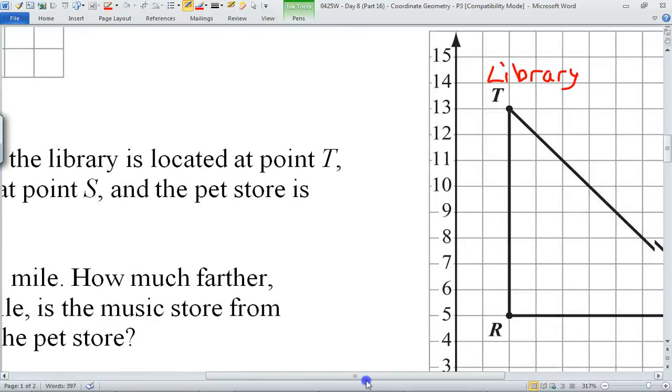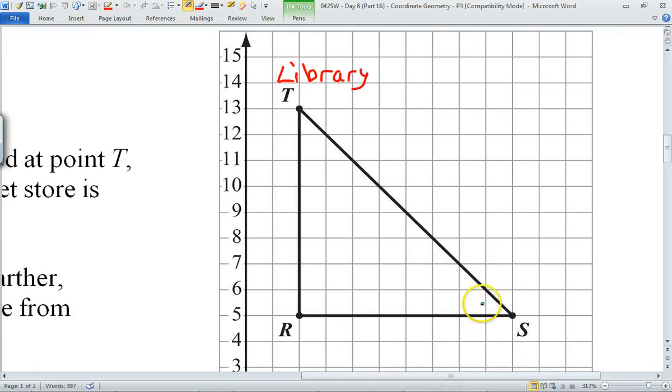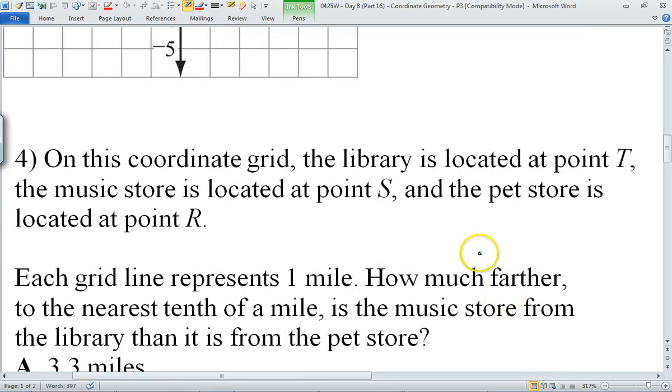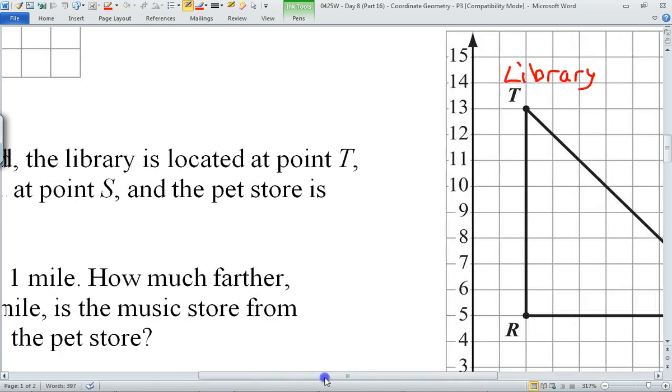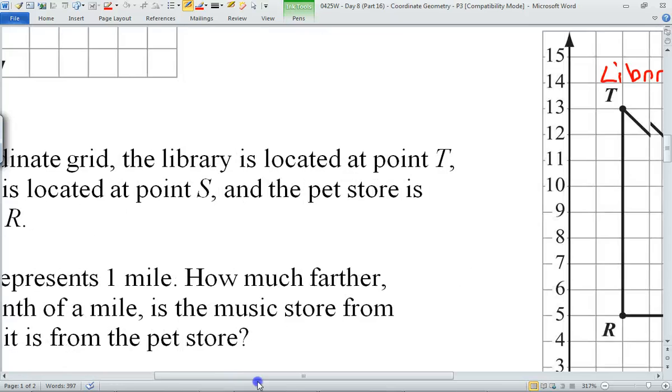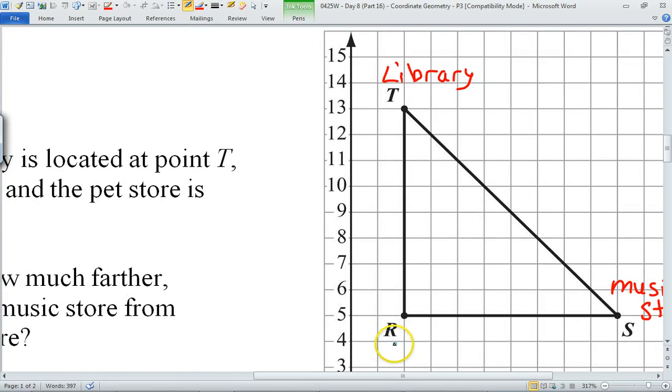The music store is at point S. So music store. Okay, that's the music store. What's this other one? Pet store. The pet store is at point R, so pet store.